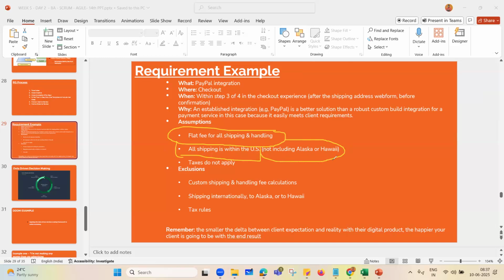It has been clearly mentioned. Here it also reads that taxes don't apply, which brings certain clarity. It is clearly mentioned in the assumption that we are not going to calculate these taxes in the checkout process. Got it?